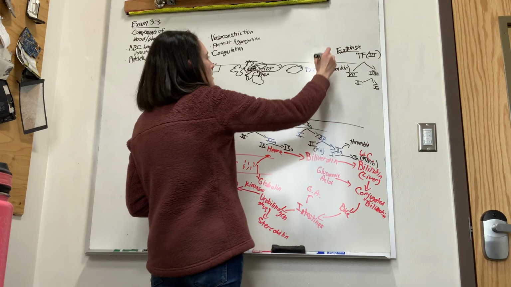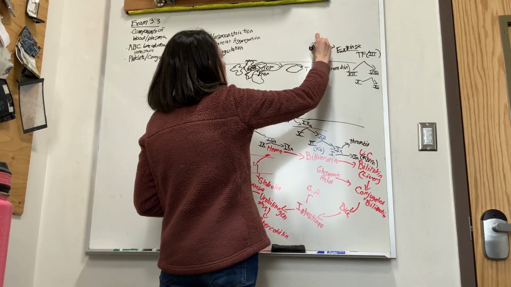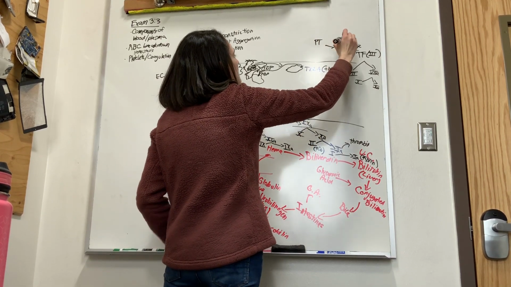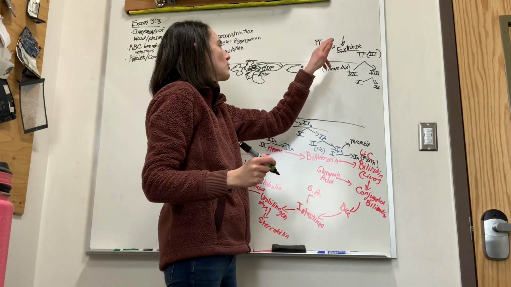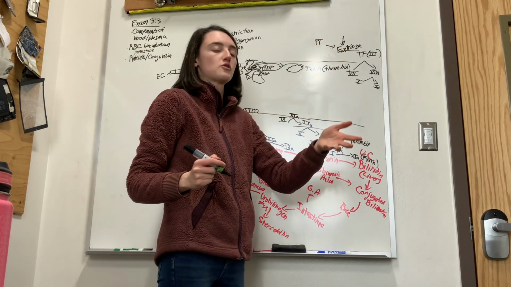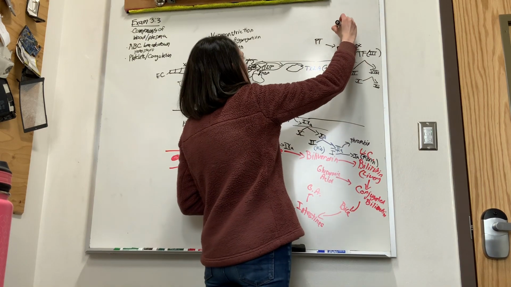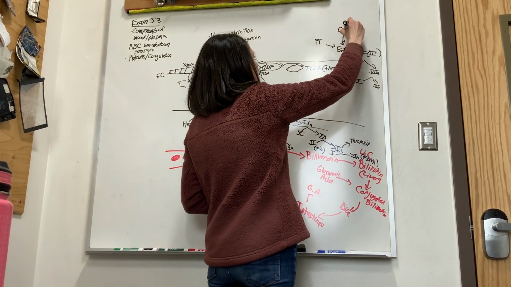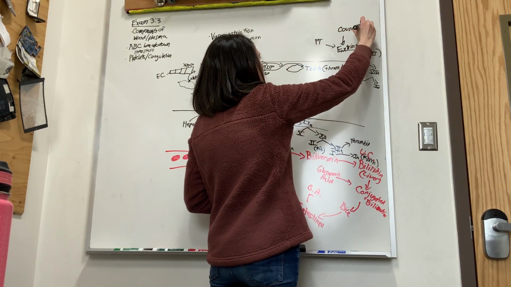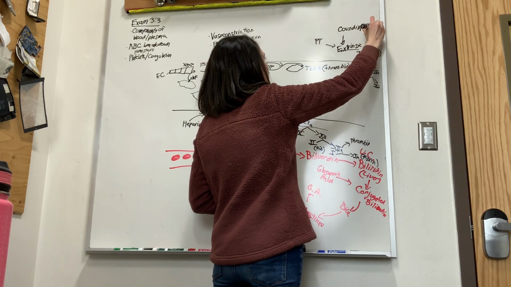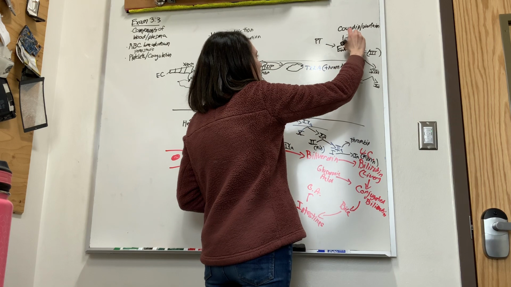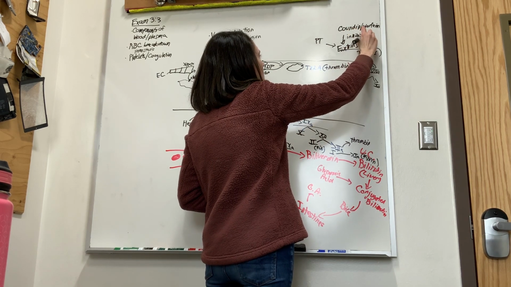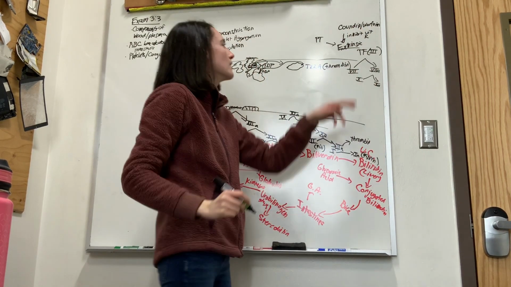For extrinsic, it is going to be PT, and the things that will inhibit it are things that inhibit vitamin K, because that's what's going to cause our extrinsic pathway to occur, and that's going to be called coumadin and warfarin. And that's what's going to inhibit vitamin K, to inhibit our extrinsic factor.